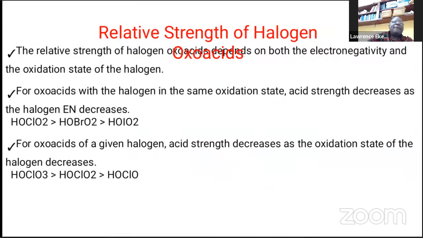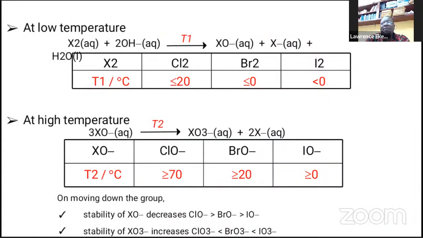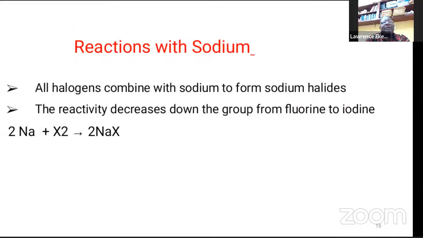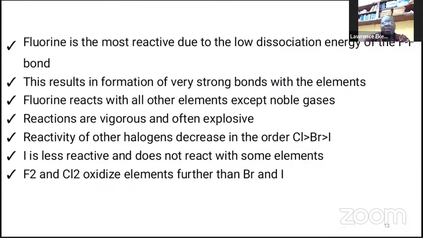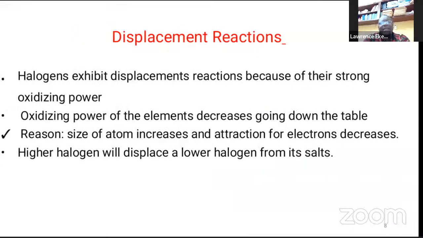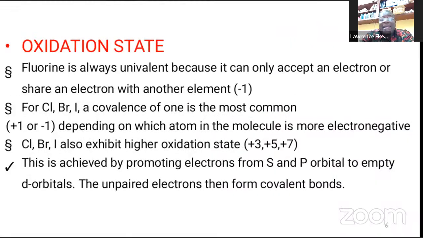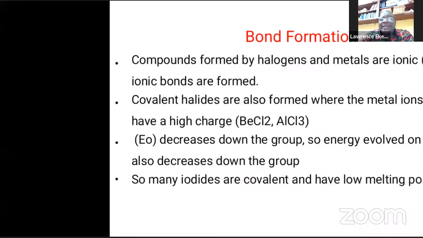So far in the lecture of today, let me give a recap because most of you did not join us at the beginning, and I want to do a brief summary of what we've learned so far. We've discussed today the group 17 elements, and the group 17 elements are the halogens.